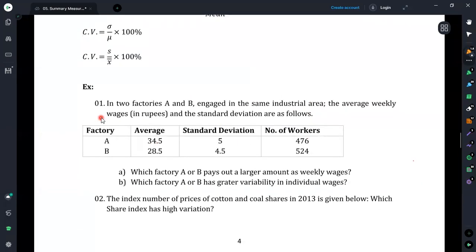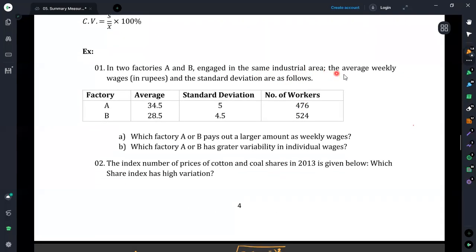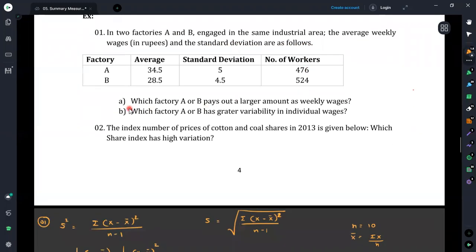data sets. Here we can see that there are two factories engaged in the same industrial area, and their weekly average wages in rupees are given below, and the standard deviations are given as follows. Which factory pays out a larger amount as weekly wages?